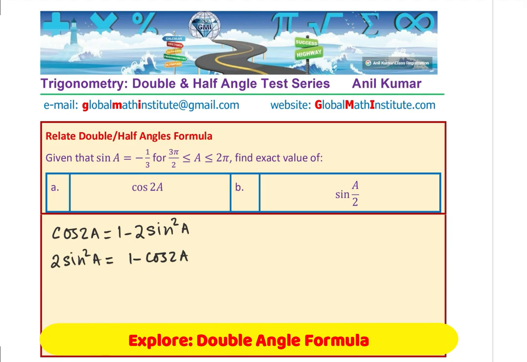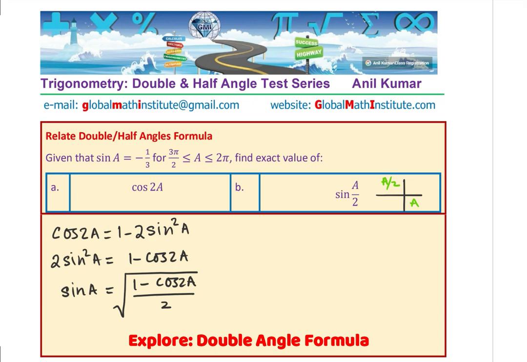So sine a will be the square root of 1 minus cos 2a, divided by 2. Now, if a is in quadrant 4, a by 2 will be in quadrant 2, so this is going to be positive, as we discussed.